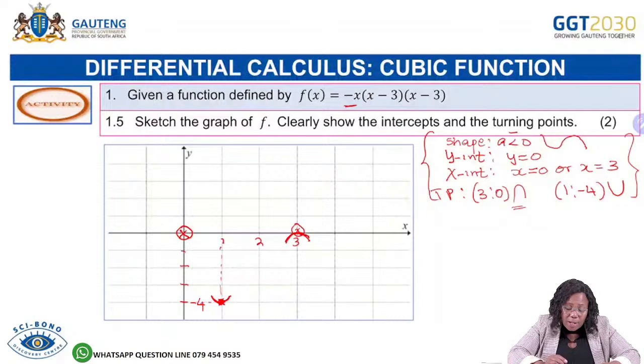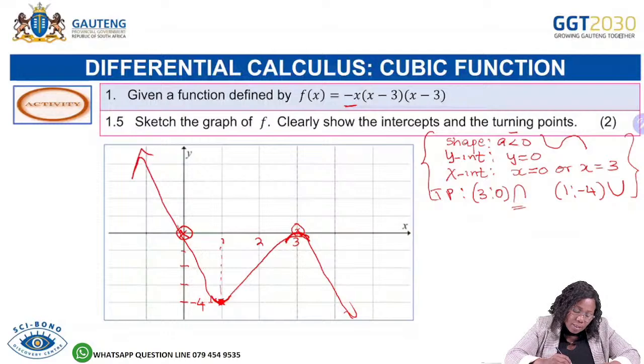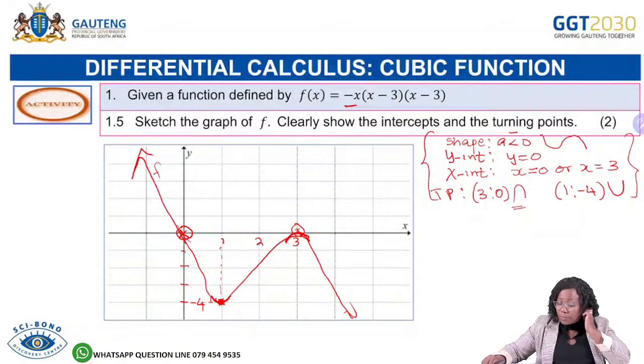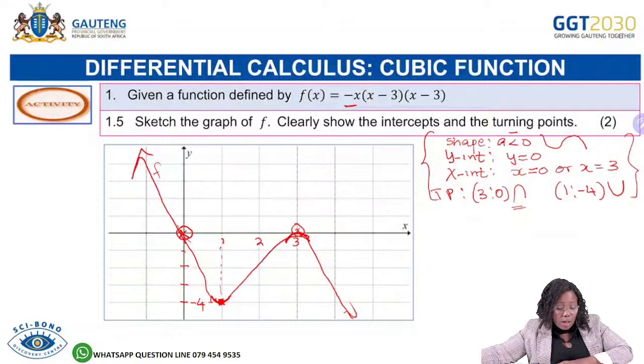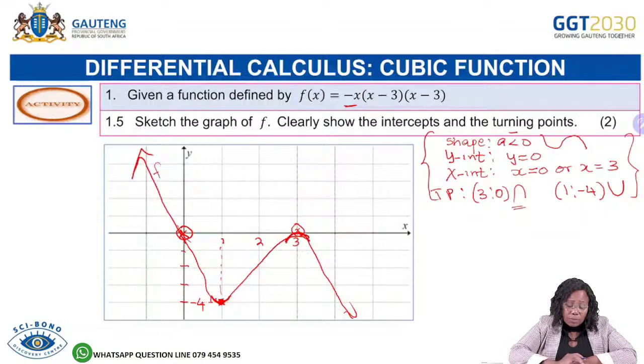So now we can join our points, grade 12, through the turning point there, and then this will go and cut the x-axis there at 0. So this is basically the graph of f that we have just drawn. It passes through x-intercepts 0 and 3 and y-intercept 0, and the turning points are (3, 0) and (1, -4).